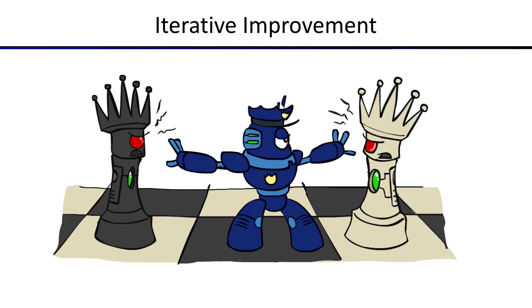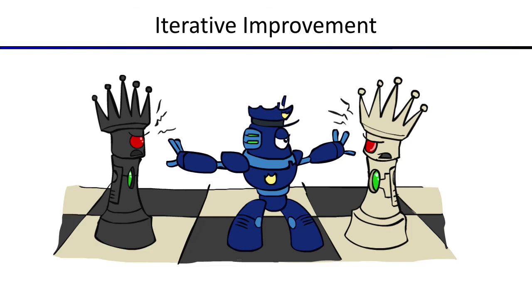The next thing I want to talk about is a different way of approaching these problems: iterative improvement. What we've done so far is start with an empty assignment and work our way incrementally up to a full assignment. Now what we're going to do is start with just any full assignment, not even bother with the constraints. If we could just start with one that solves it, we'd be done.